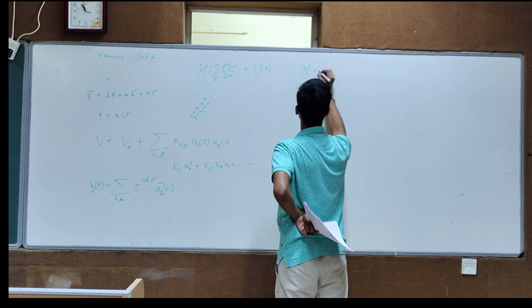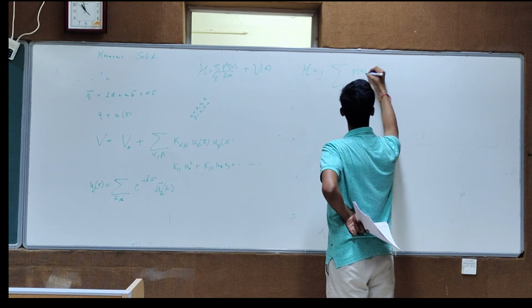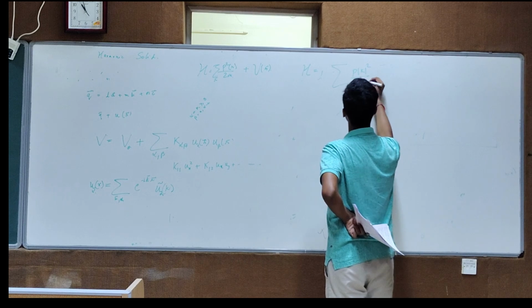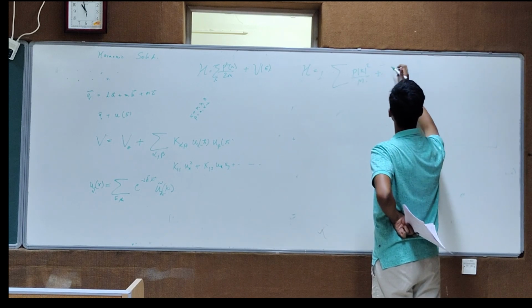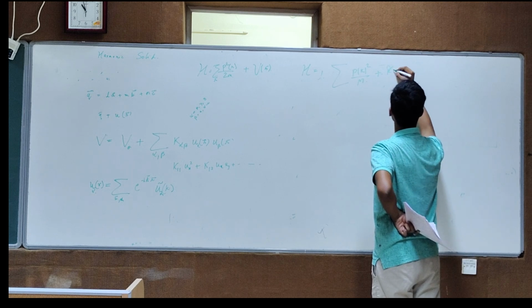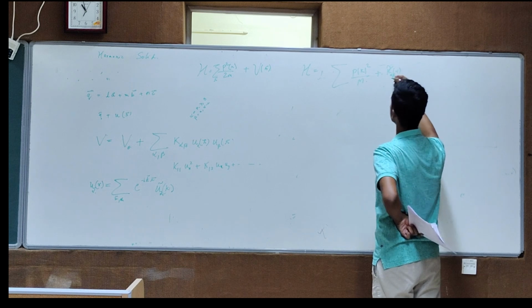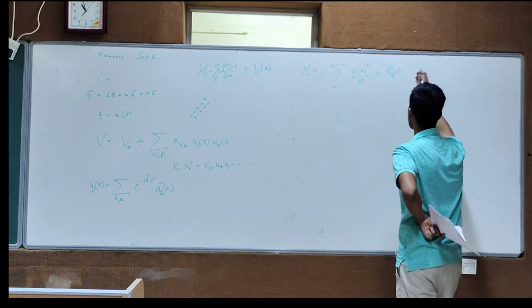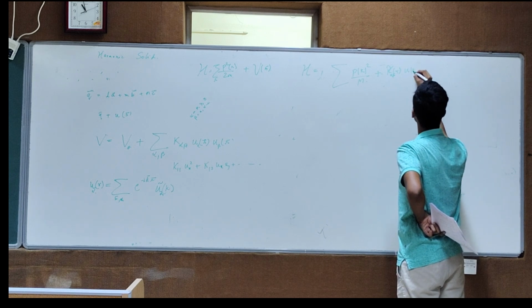It would come out to be a sum over p_k squared by some capital M plus some k_alpha beta, and this will depend on general R, times q.